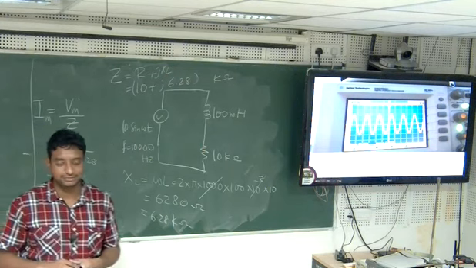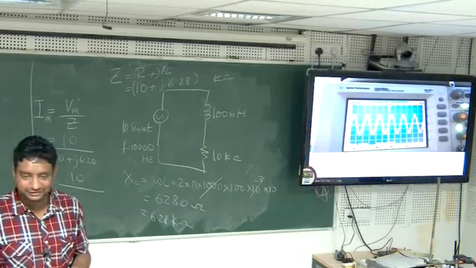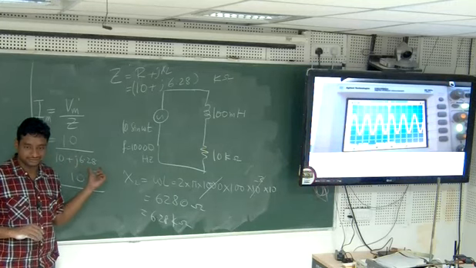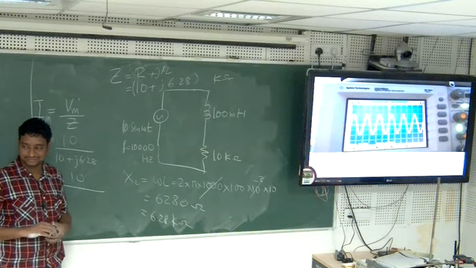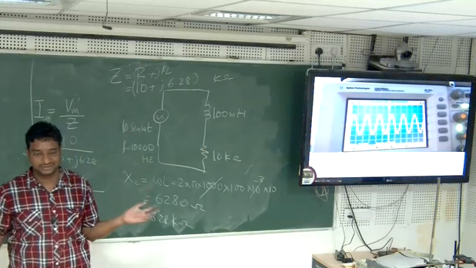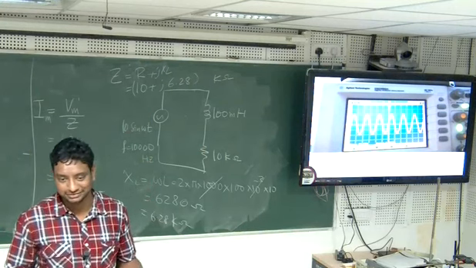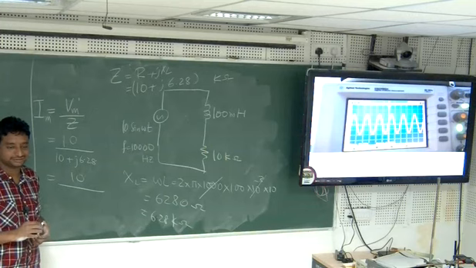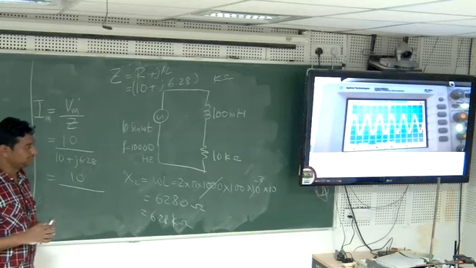Anybody wants to confirm that? 10 square plus 6.28 square under square root. So how do you convert a real number into polar form? You must already know it. We have done it more than once. So how much? Or you want me to try it?